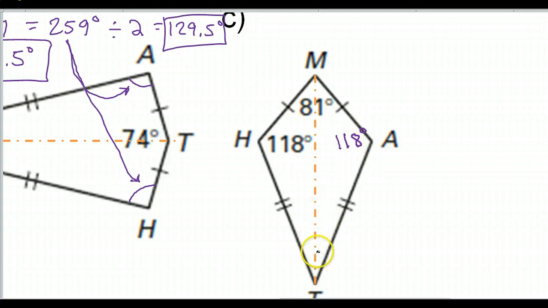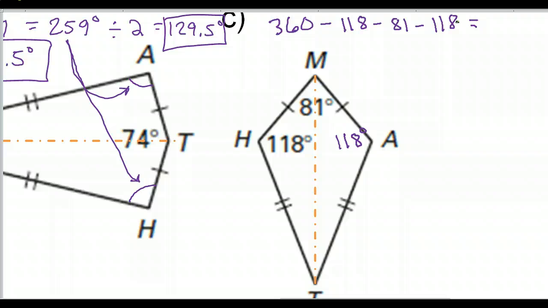Aside from that, finding the fourth angle, we're going to do the same thing we did before. We're going to start with our total of 360 and subtract what we have. So minus 118 minus 81 minus 118. See what that gives us. That gives us 43 degrees.